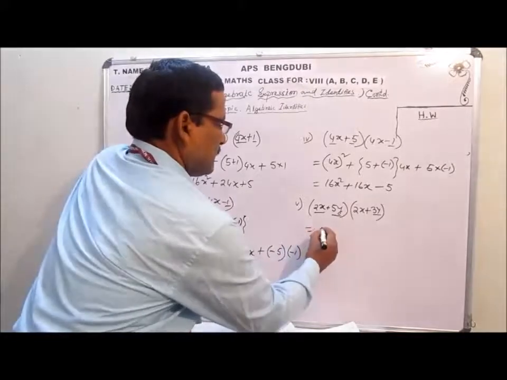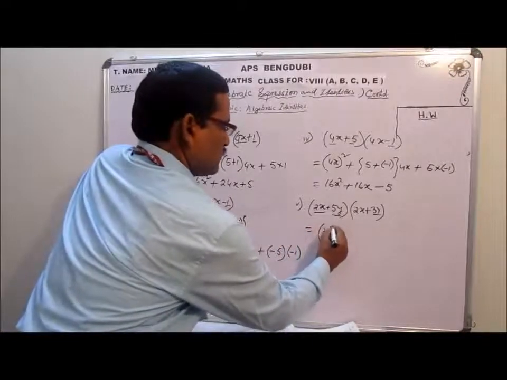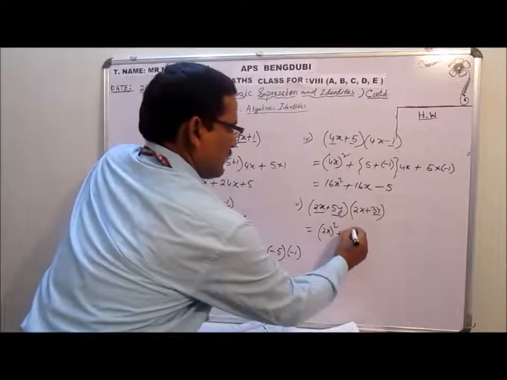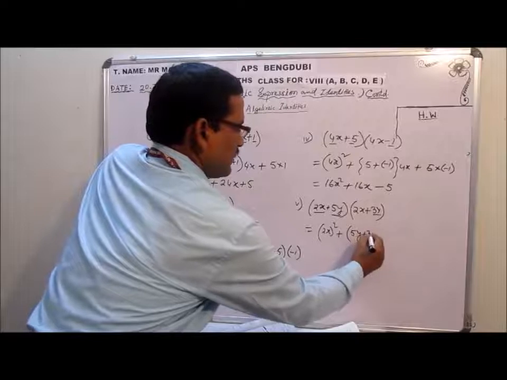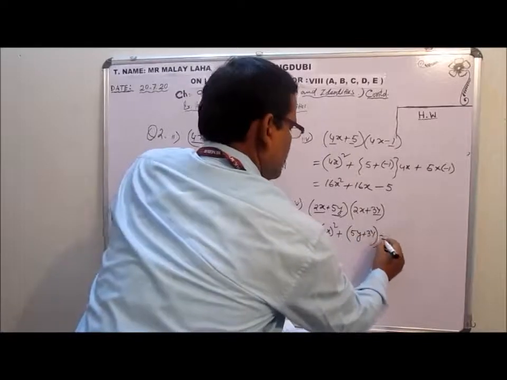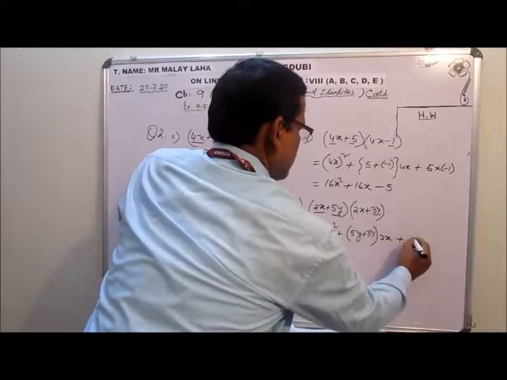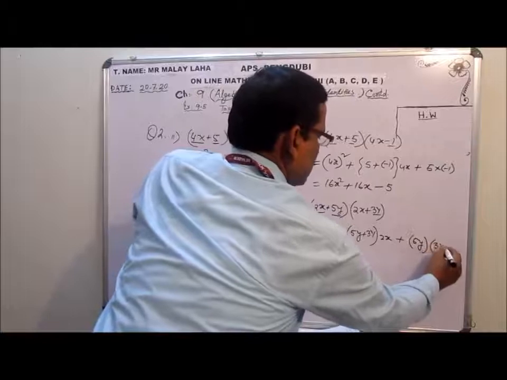So what will we write down here? X square means (2x) whole square, plus a means 5y plus 3y, into x means 2x, plus multiplication 5y into 3y.